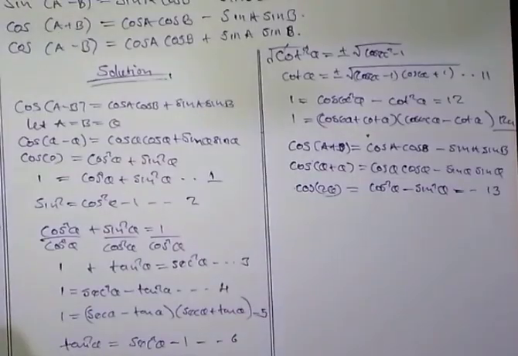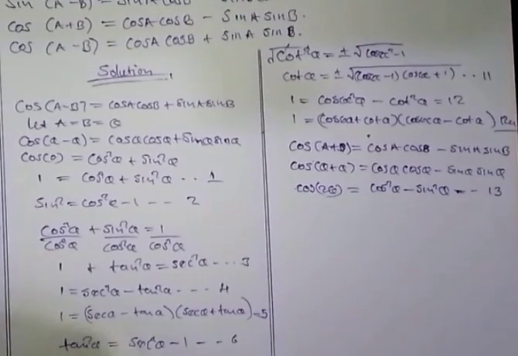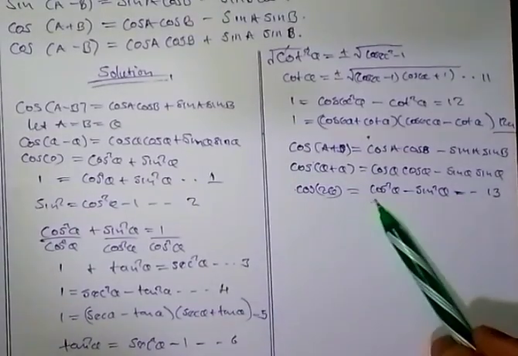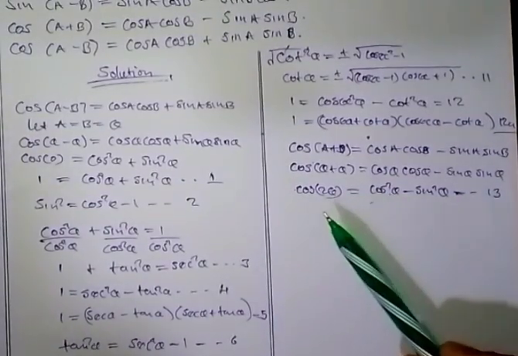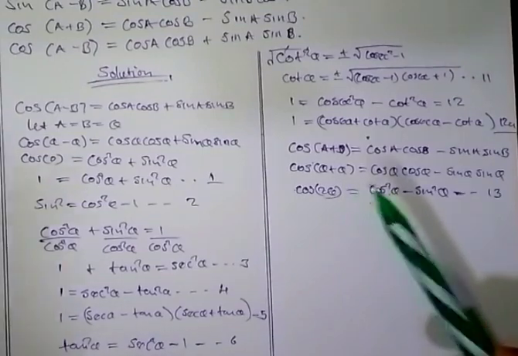Okay, so this being equation number 13, you remember from what we derived from identity number 4 that cos square is equal to 1 minus sin square.